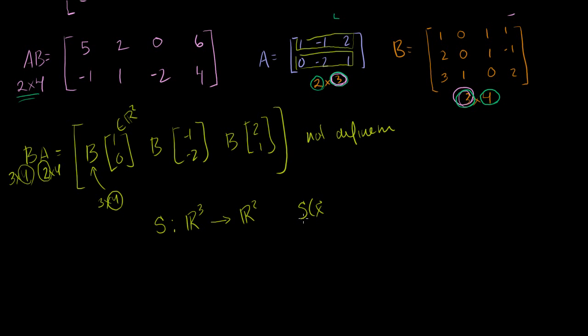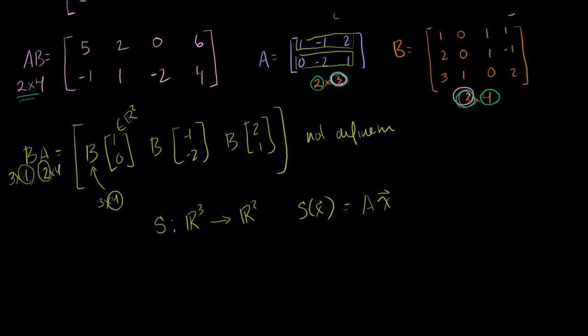So given any vector in R3, applying the transformation S is equivalent to multiplying that vector times A. We can say that. And I used R3 and R2 because the number of columns in A is 3, so it can apply to a three-dimensional vector.